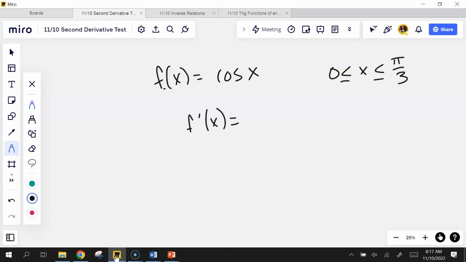So remember, this is derivative, so that's IROC. Mean value theorem deals with AROC equaling IROC. So if I find AROC, then I'll know that IROC must equal that somewhere, right? So we'll do AROC. AROC is just slope. So I need f of 0 and I need f of pi over 3.